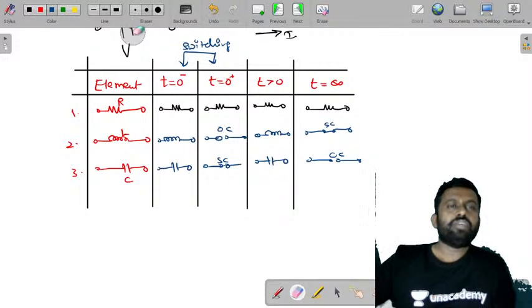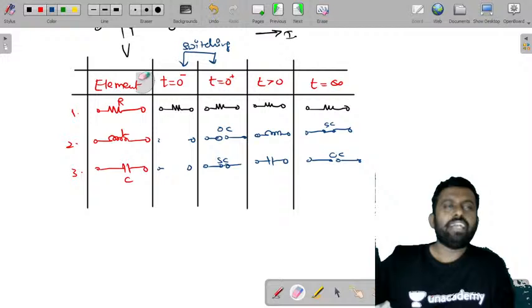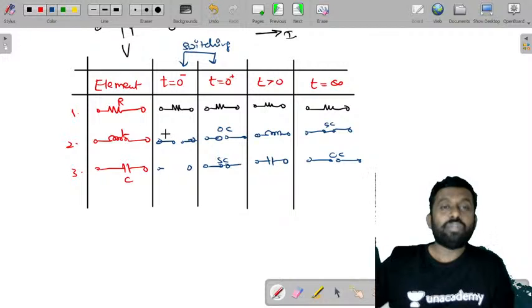But here you have to see that the inductor and capacitor values at t equal to 0 minus and 0 plus will be the same, because the inductor will not allow sudden change of current and the capacitor will not allow sudden change of voltage. So one will behave as an open circuit and the other as a short circuit.